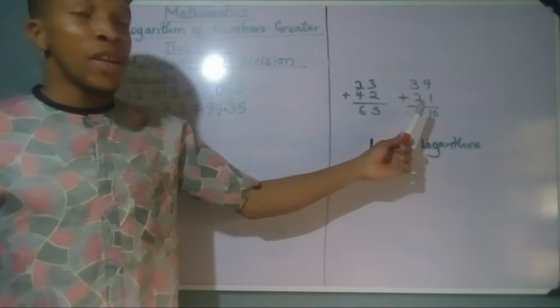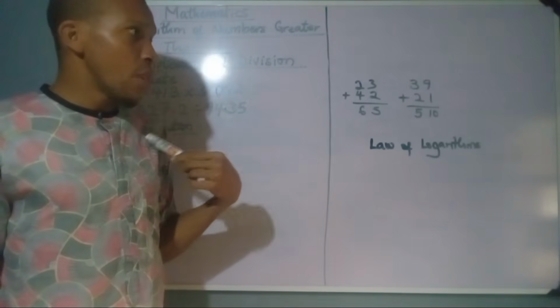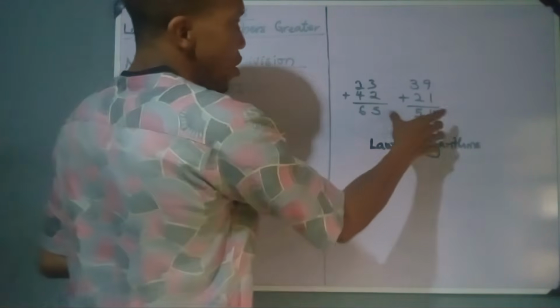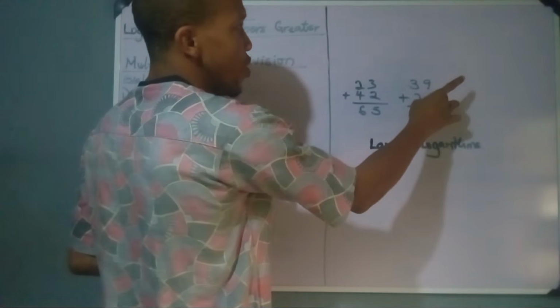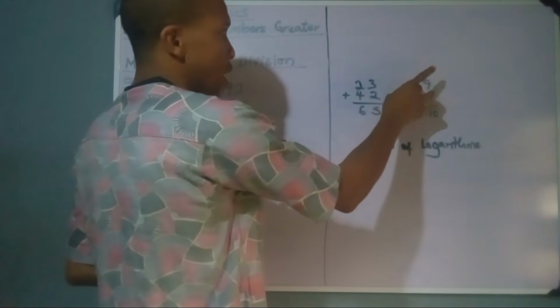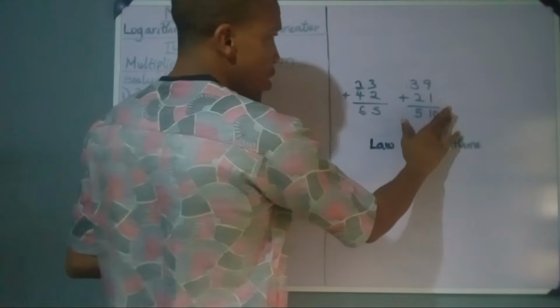Now, this 510 appears correct, but it's wrong. To you, it's correct, but it's wrong. Why? You assume that whatever you add in the units is kept in the unit, and whatever you add in the tens column is kept in the tens column, until your teacher decides to correct it.